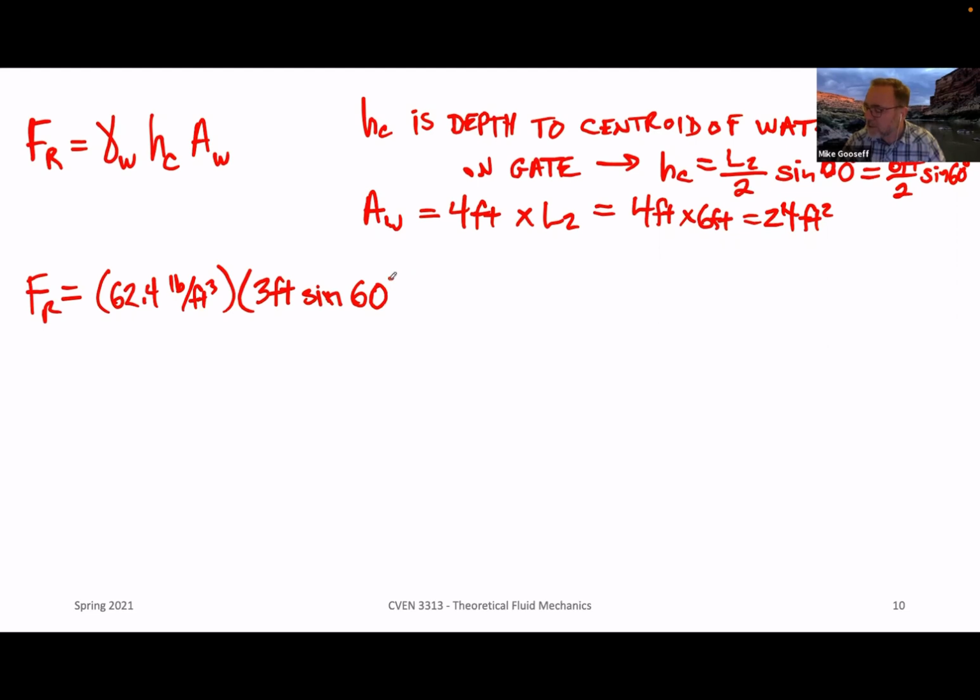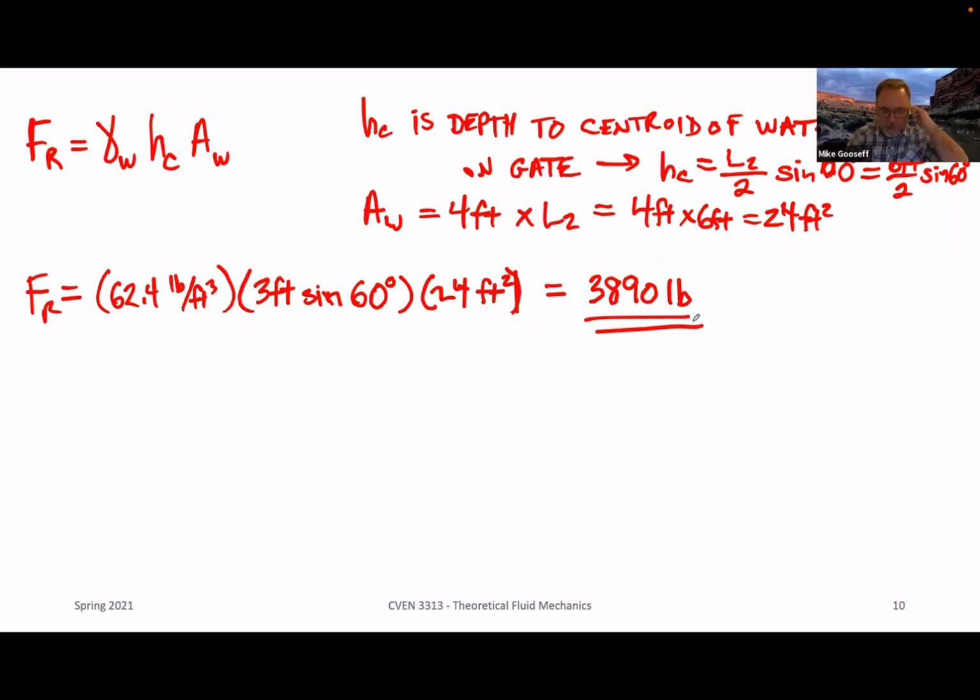And then we multiply by 24 feet squared. When we work this out, we end up with 3,890 pounds. So there's our resultant force only from the water pressure acting on the gate, only over that 6 feet by 4 feet area.